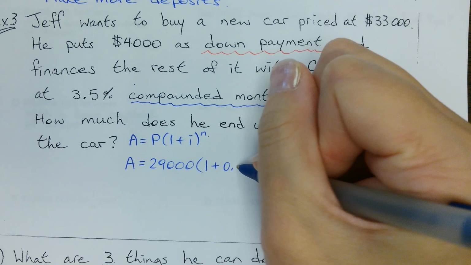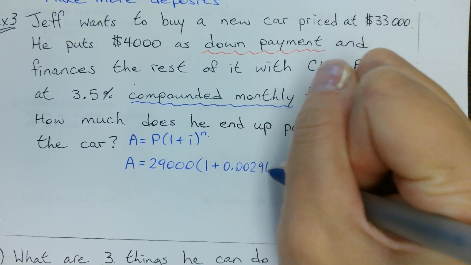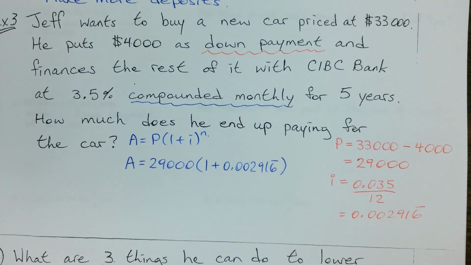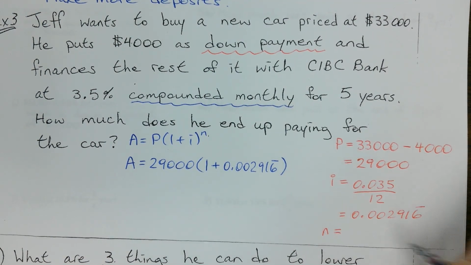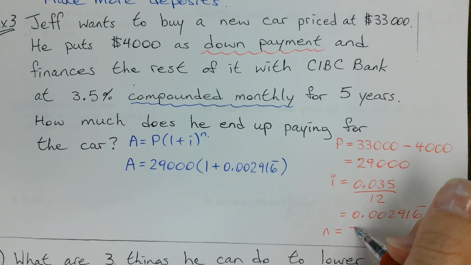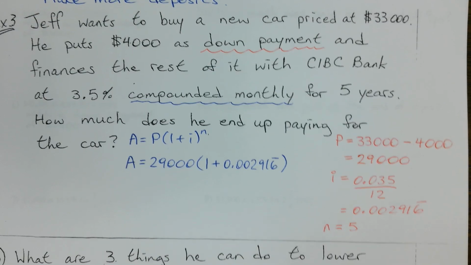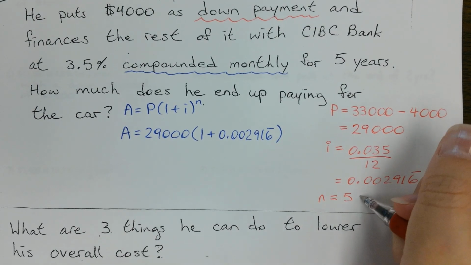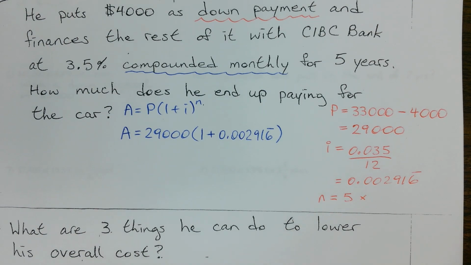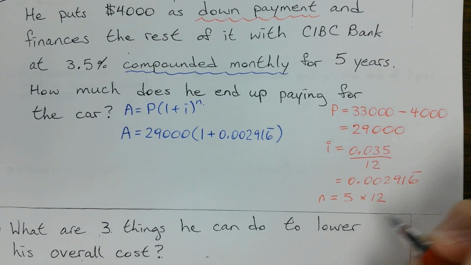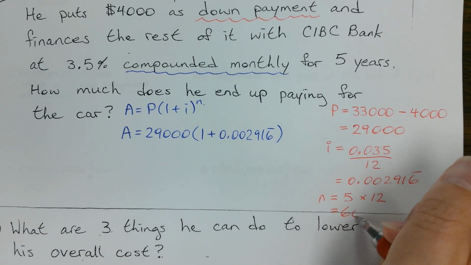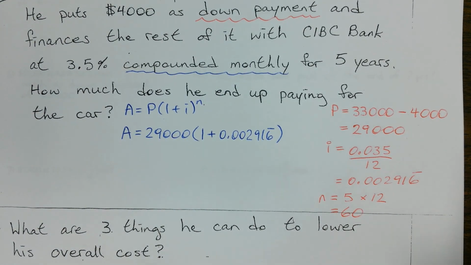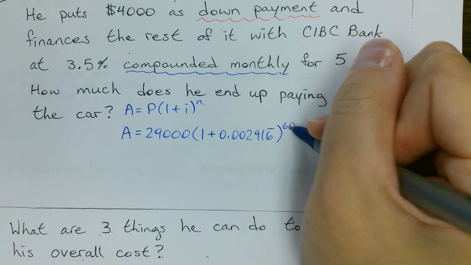Right, so 0.002916. And then n. 5 years times 12. Yeah, monthly, 12 months over those 5 years. So that means it's 60.